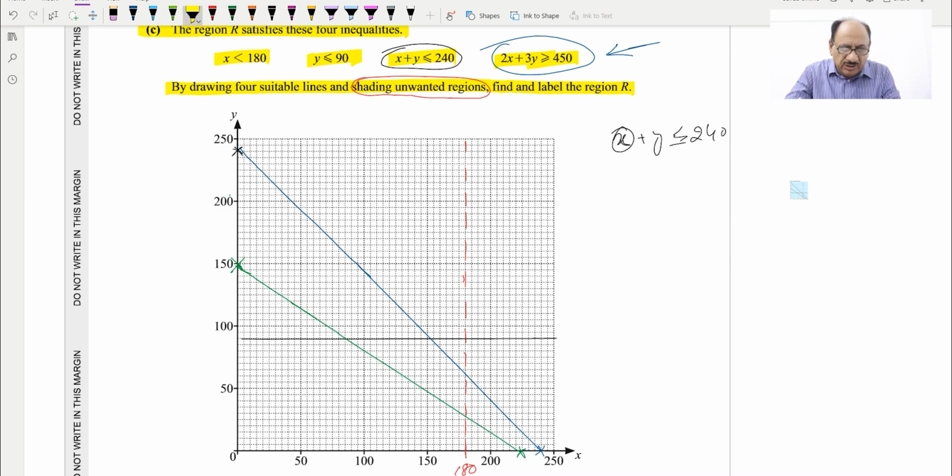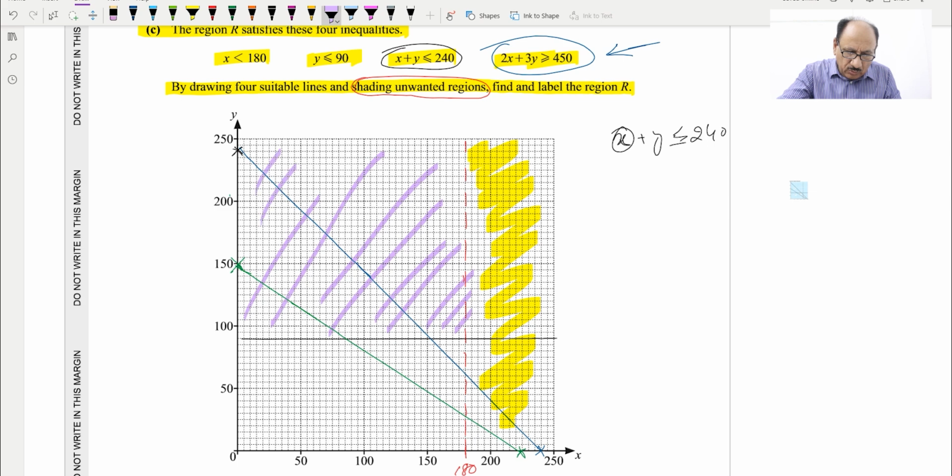So I will shade the unwanted region. So greater than is, this is an unwanted region. Then the y is less than 90 is required, so more than 90 is unwanted region.